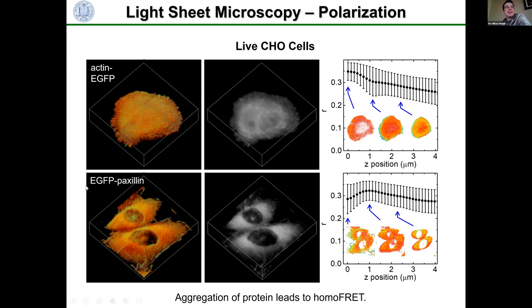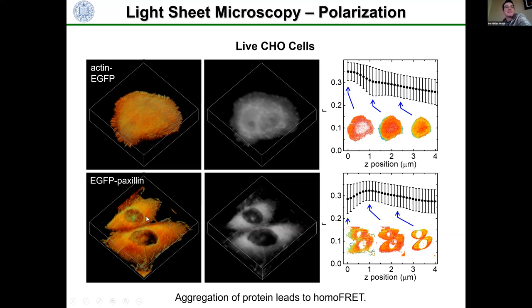The reason being that this EGFP paxillin complex is already a pretty large molecule, so it's not able to rotate much before it emits the fluorescence photon. But then you see those adhesions, they appear in a different color code, which indicates lower anisotropy.